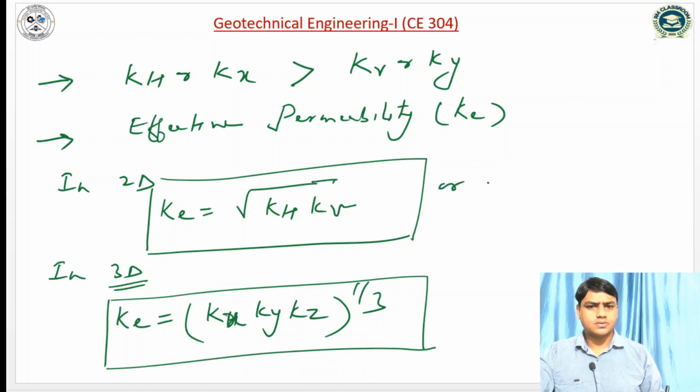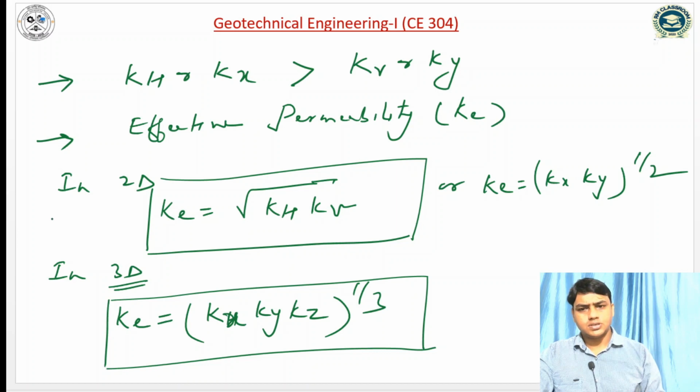Here, or K is equal to Kx into Ky to the power 1 by 2, where Kx is the coefficient of permeability in x direction and Ky the coefficient of permeability in y direction, or horizontal direction and vertical direction. For 3 dimensions, our effective permeability is Kx into Ky into Kz to the power 1 by 3.